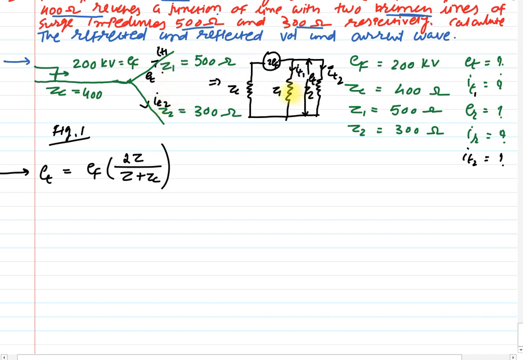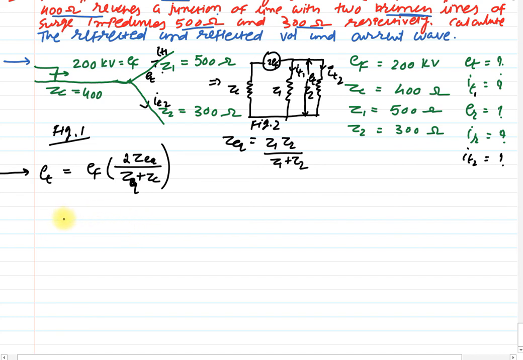So we need to calculate the Z equivalent from this figure number 2. Because the two impedances are in parallel, we can write directly Z equivalent is equal to Z1 into Z2 divided by Z1 plus Z2. Clear?